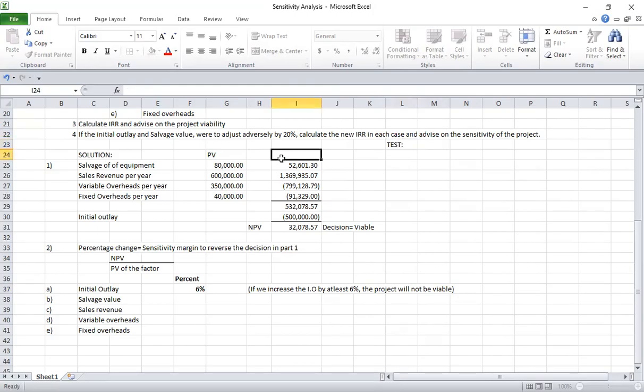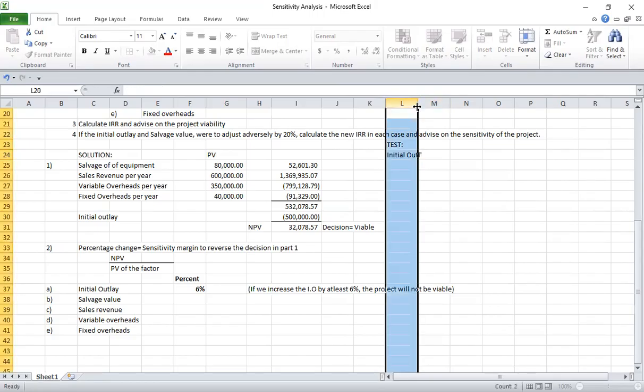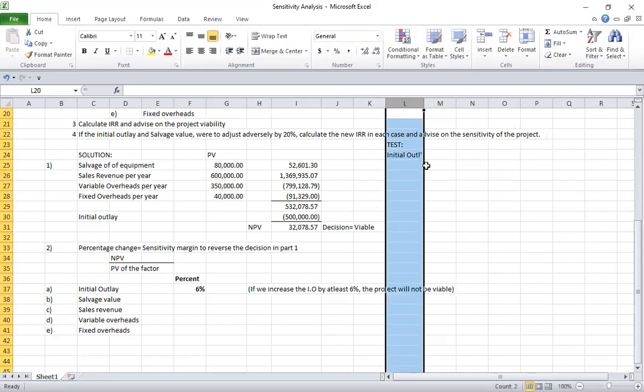I'll come back to this info that we had before. Beside it, can you just add this test? The first thing that we will test is the initial outlay.